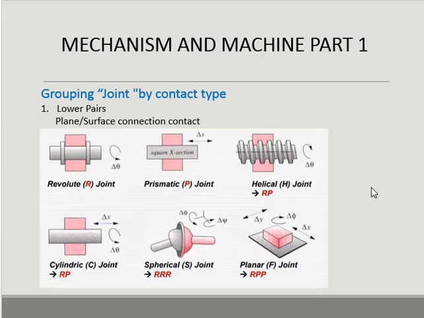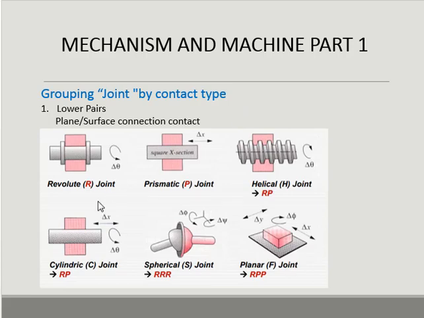Joints can also be classified by contact type. There are two categories for contact type. The first is lower pair and the second is higher pair. The lower pair is when a link is connected with a surface or plane.